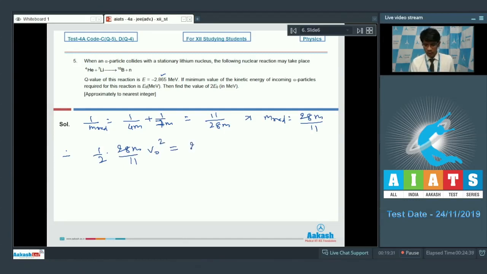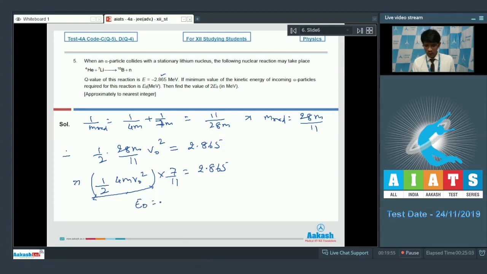It must be equal to 2.865. That's the thing I'm saying here. So write it down, 1 by 2 4m V naught square into 7 by 11 is equal to 2.865. This portion is actually the energy of the incoming alpha particle. So it must be presented as E naught.